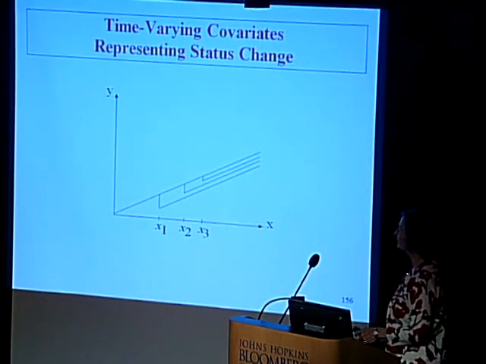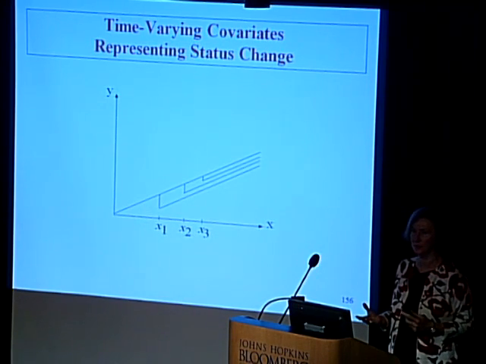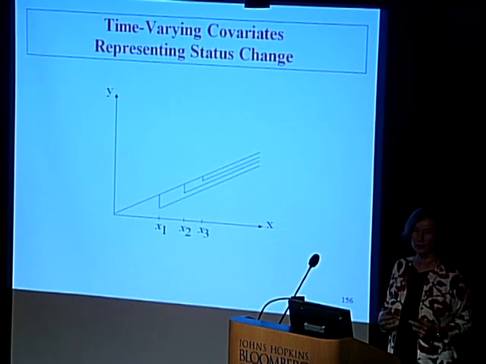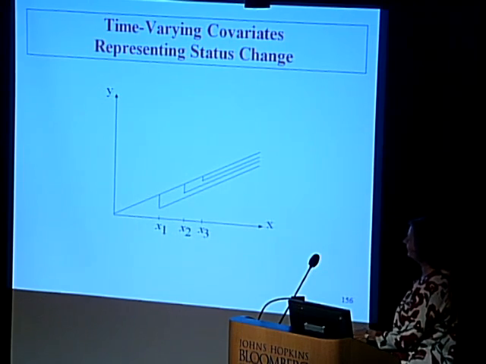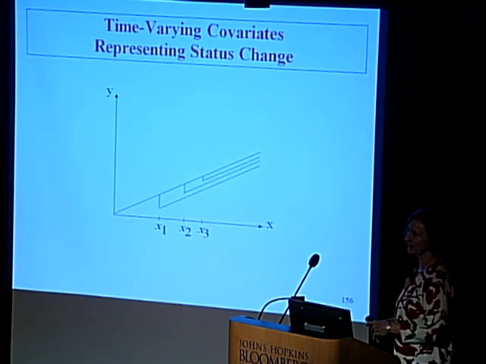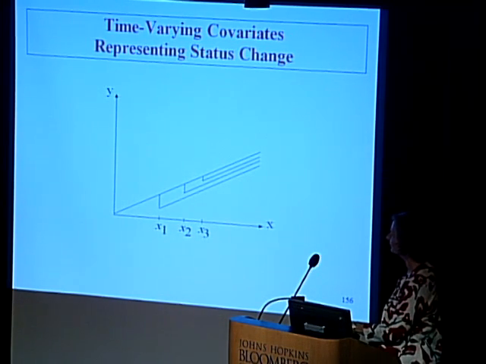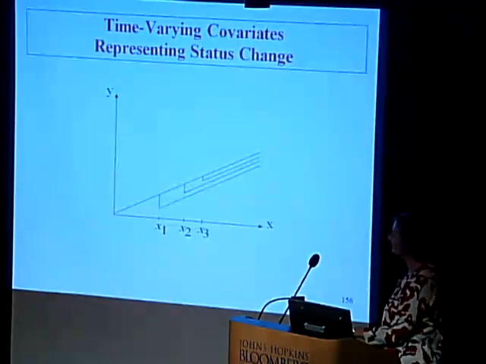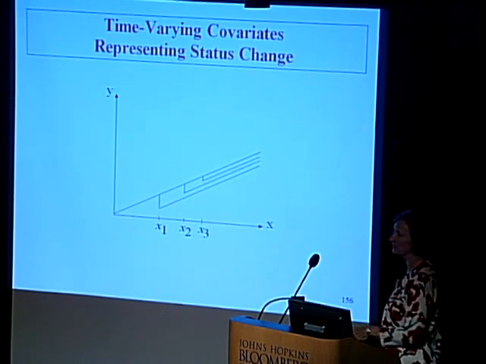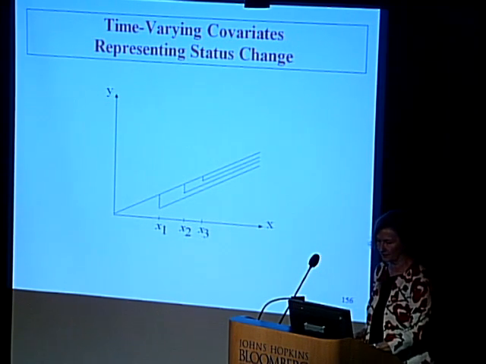So if you have a situation where you have some status change variable like that you want to incorporate into your growth model, then the picture here shows you how you would do it. And then, as I said, we would have the BY statements that reflect this part of the model, and the ON statements that reflect this part of the model, and the fixing of the residuals to 0 reflected by no residual arrows going into the factors.